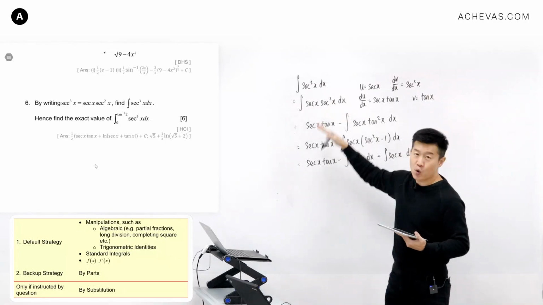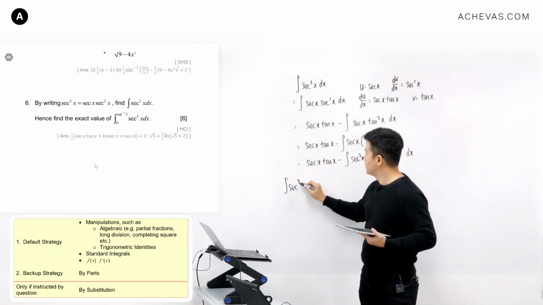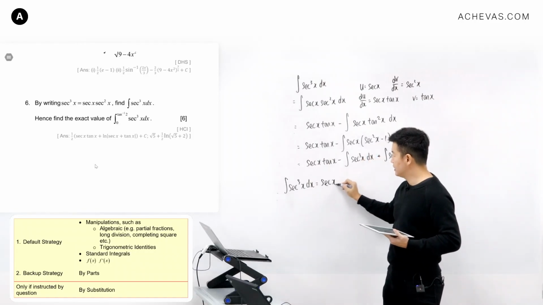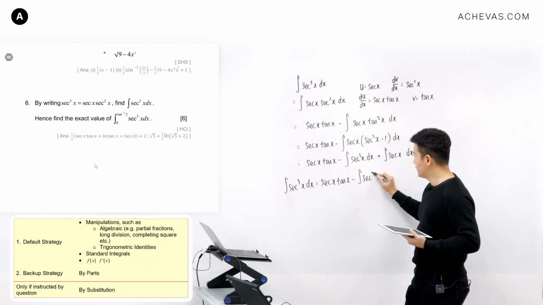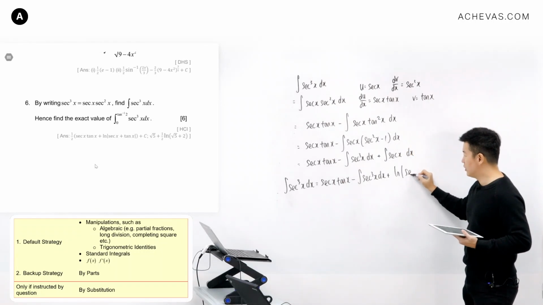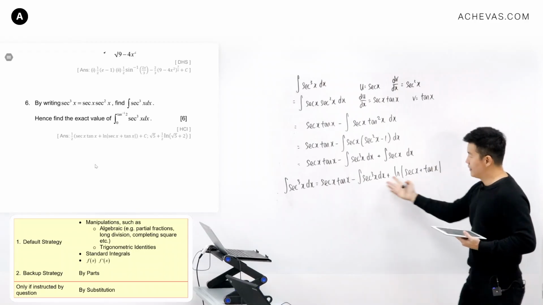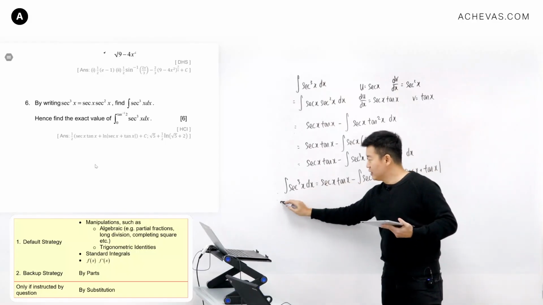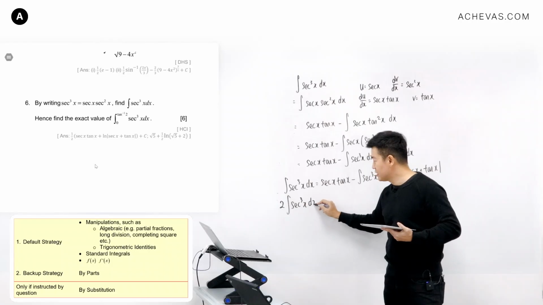So let me rewrite this whole statement, which is integration of secant cube x dx is equal to secant x tangent x minus integration of secant cube x dx. Integrating this is ln of secant x plus tangent x. And this, I'm going to shift it over to the left-hand side, to combine it with this, giving me 2 of secant cube x dx.